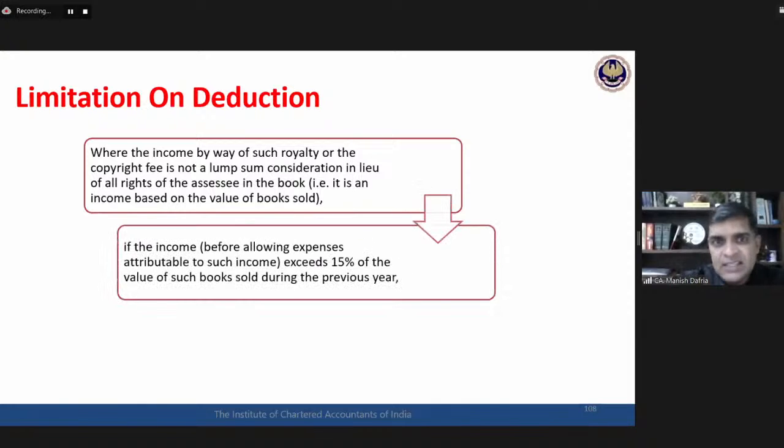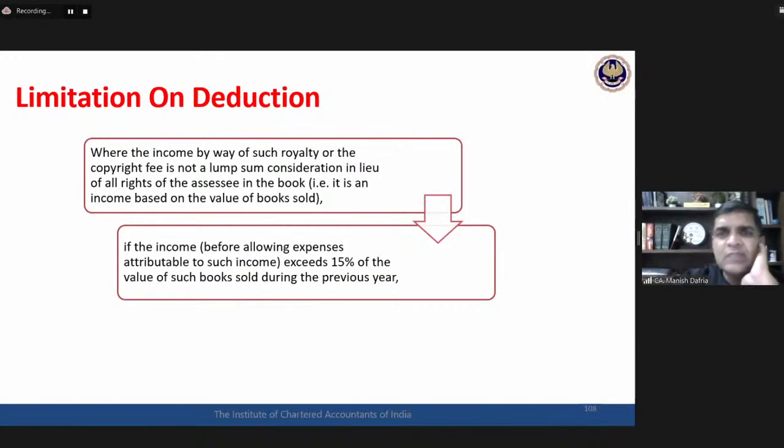So if the royalty is based on the sale price of the book, then the law says, if the income before allowing any expenses exceeds 15% of the value of such book sold, whatever is my gross royalty before expenses, that is more than 15%, then the excess will be ignored for the purpose of 80QQB.